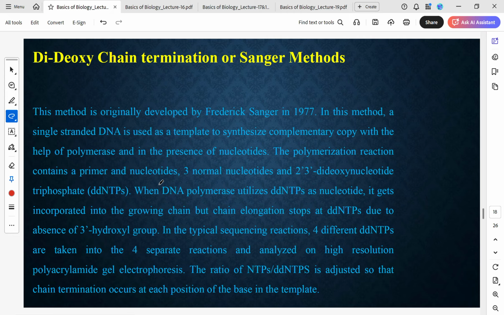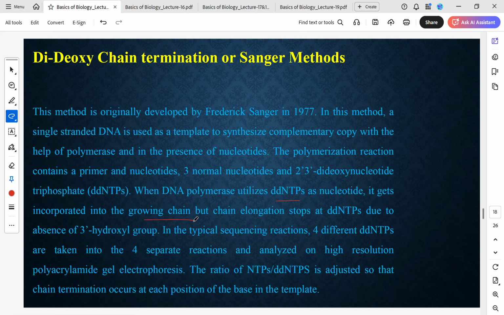When they do a PCR reaction and the DNA polymerase utilizes the ddNTPs as nucleotide, it gets incorporated into the growing chain, but the chain elongation stops where the ddNTP is incorporated because of an absence of a 3' hydroxyl group.